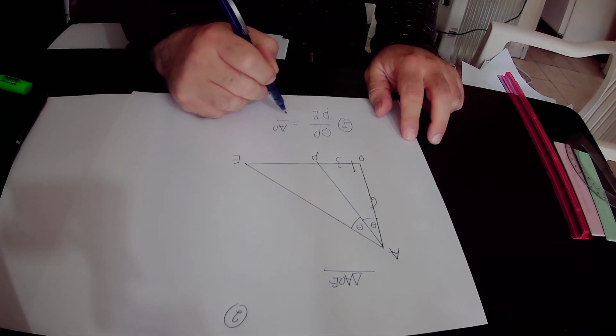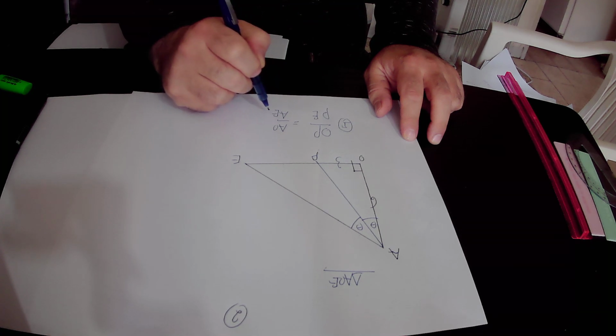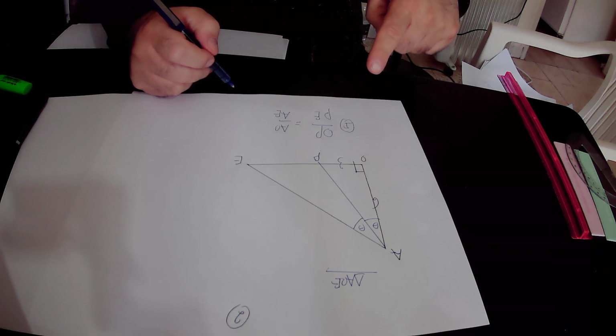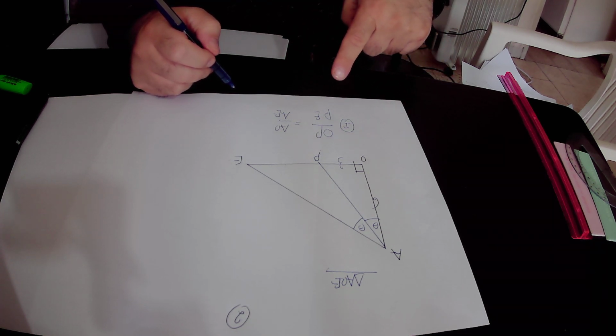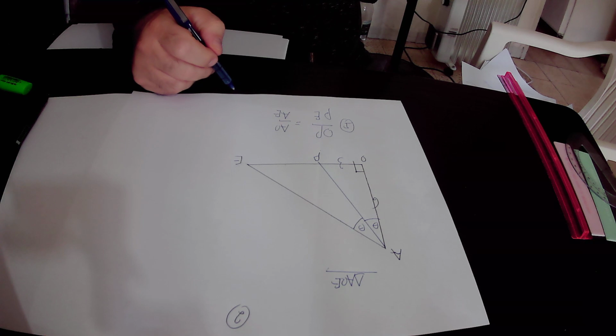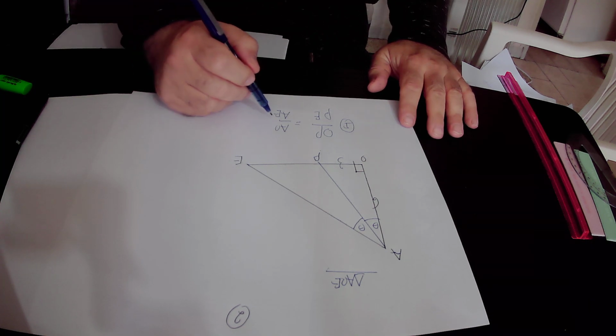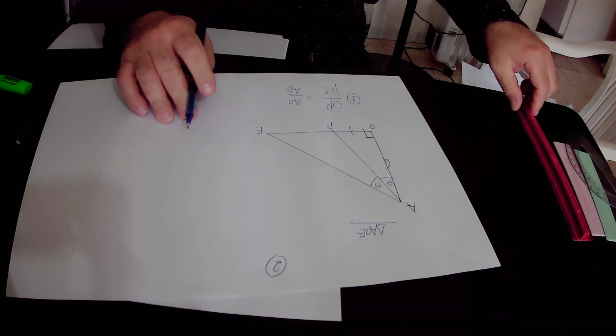And that ratio equals the ratio that angle bisector AP divides side OE, that is OP over PE. In conclusion, we found out that according to the angle bisector theorem, OP over PE equals AO over AE in triangle AOE. This is question number 1.